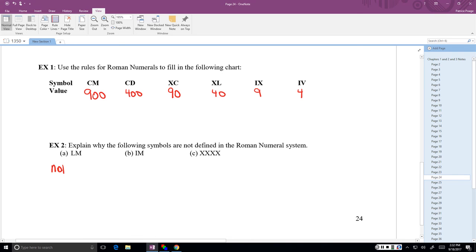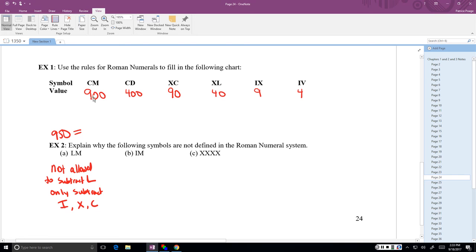Yeah, you're not allowed to subtract L. You can only subtract I, X, or C. So what number do you think they were trying to come up with? 50 less than 1,000. So they were trying to come up with what number? 950.